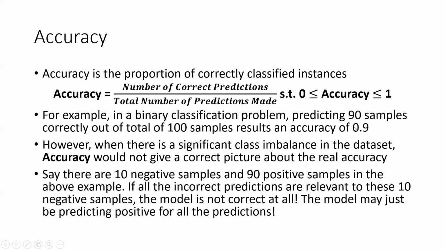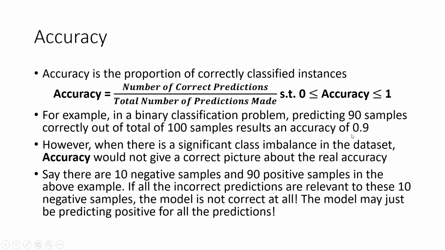But in reality, the model has not predicted any of the negative samples correctly. It has predicted all the 90 positive samples, and all the negative samples also as positive samples. So a model which predicts positive all the time, for all the predictions, can be 90% accurate.